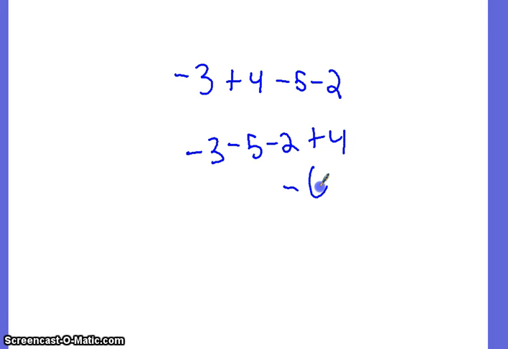Good, if you said -6, you got it right. All I did there is use the commutative and associative properties to rearrange my order. I took all of my negatives together first to make it easier for myself. It's the only reason why.